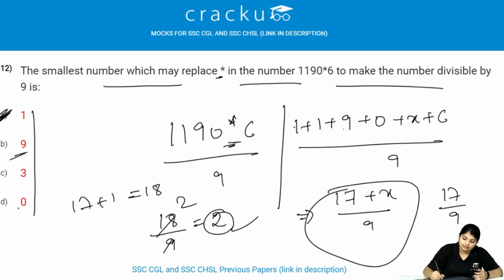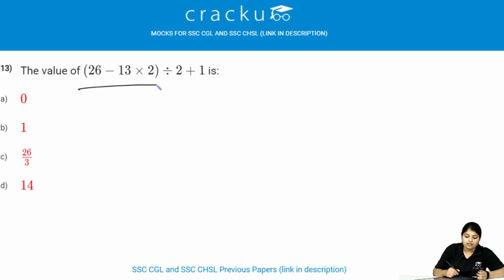The value of 26 minus 13 into 2 divided by 2 plus 1. It is a very simple question. But most of the people make a mistake here in a hurry in the examination.